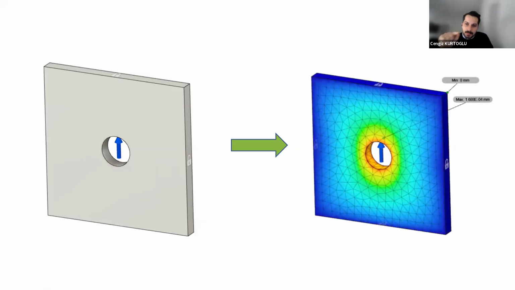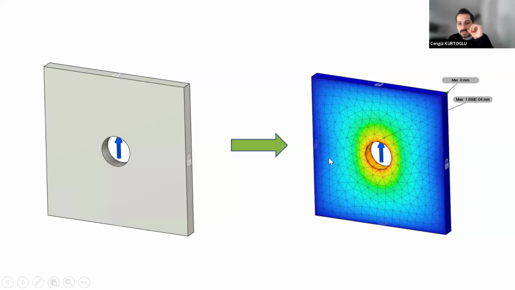As you can see, there are elliptic results for this basic simulation, because for this load in this direction, in this axis, there's a force, a load.